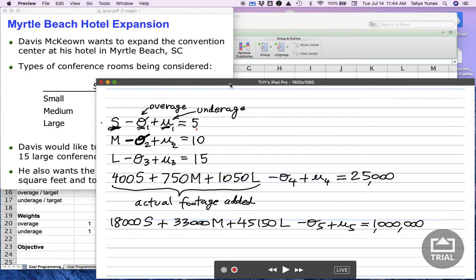However, in this problem, if you make S equal to 5, M equal to 10, and L equal to 15, and you plug those values in here or here, you will see that you're not going to match the target numbers on the other side. That is to say, it is impossible in this case to fulfill what this person wants.